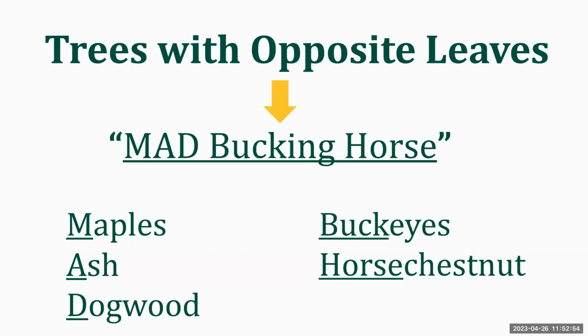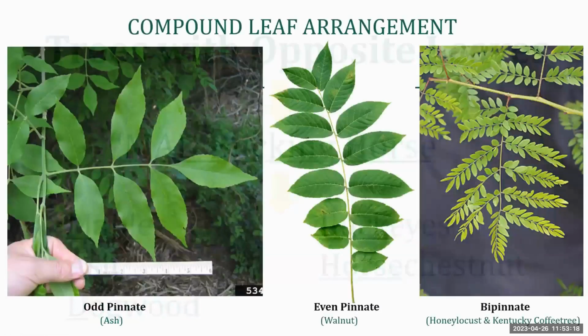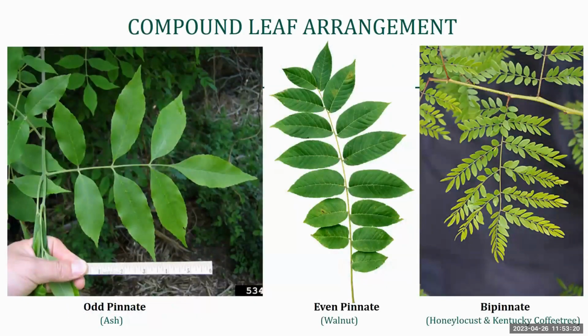But Mad Bucking Horse just details what specific trees have that opposite leaf orientation. And so the MAD stands for maples, ash, and dogwood, MAD. And then bucking would refer to buckeyes, and horse would be our horse chestnuts. So Mad Bucking Horse, maples, ash, dogwood, buckeyes, horse chestnut. If that helps you remember it, that's great.